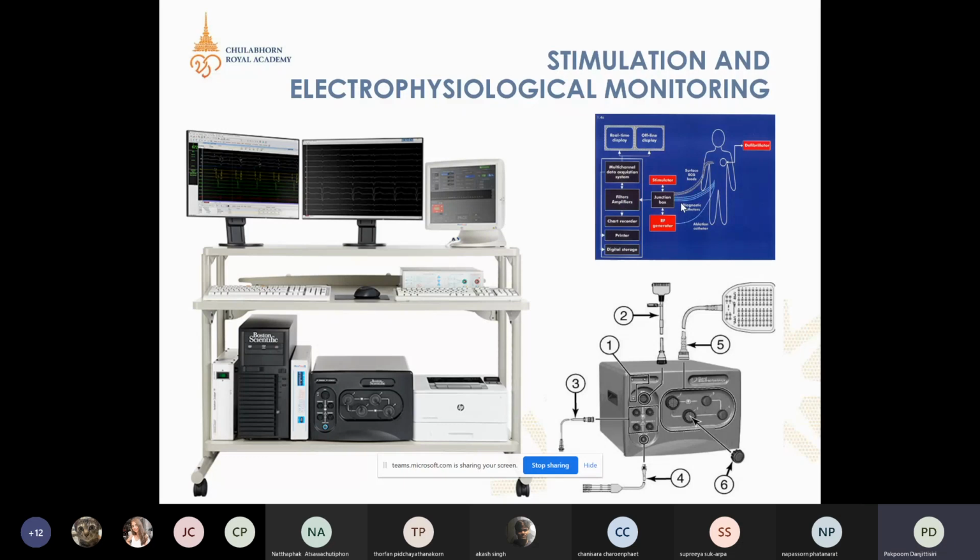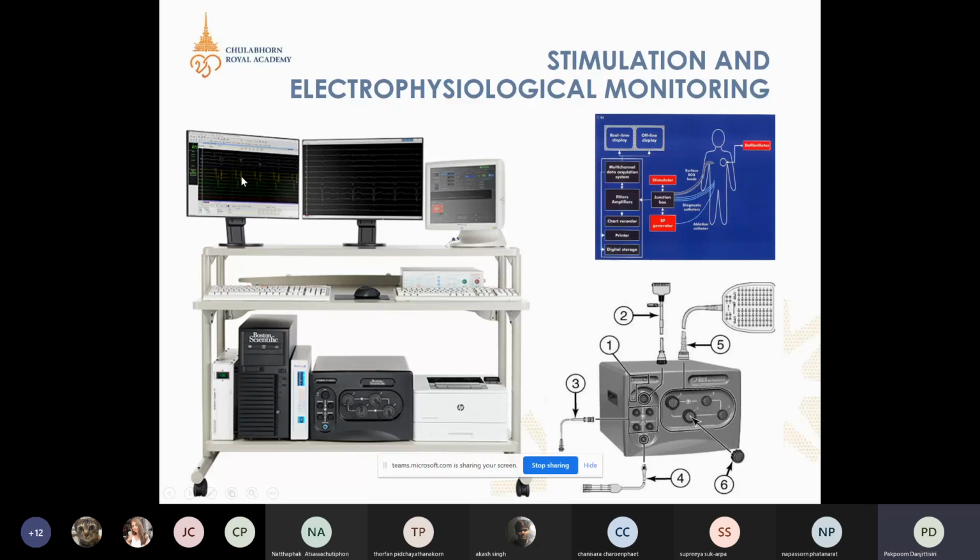After increasing the size of the amplitude, the system will transform the analog signal into the digital signal and show you the electrical activity on the real-time display, on the left screen here.